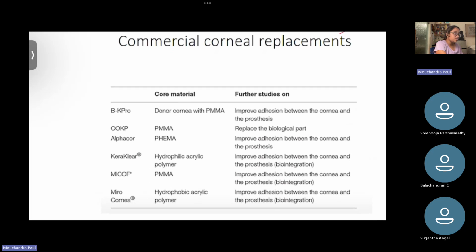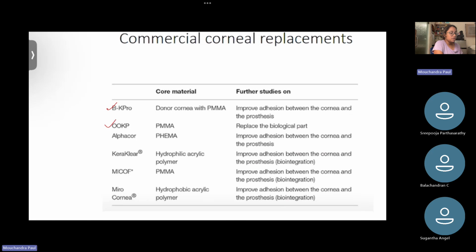Apart from these two that use PMMA, there are other products as well, like MiroCornea, which uses an acrylic polymer. Then there is Mekoff, which uses PMMA.